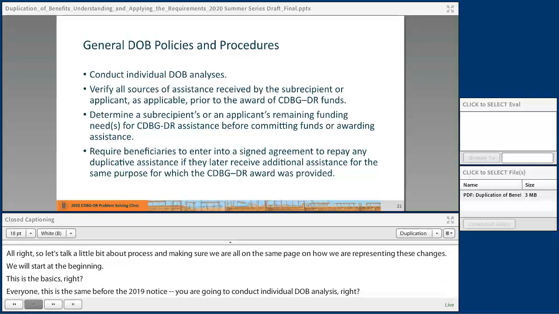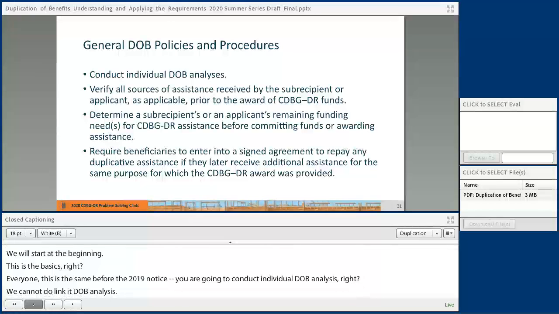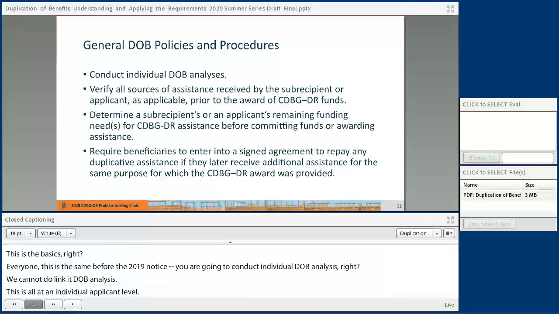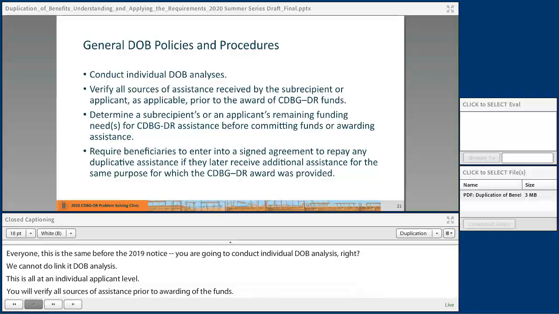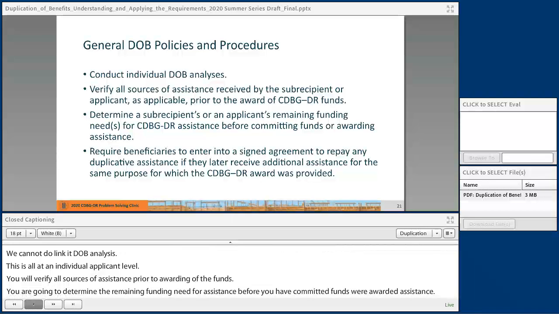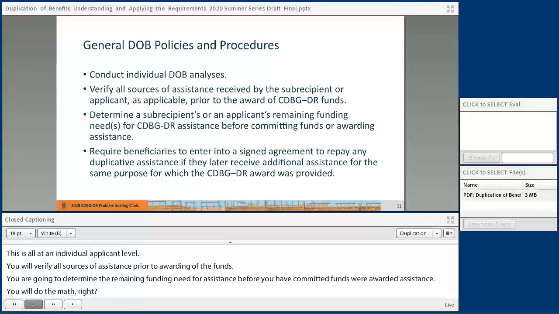You're going to verify all sources of assistance prior to the awarding of the funds. You're going to determine the remaining funding need for DR assistance before you have committed funds or awarded assistance. So you're going to do the math, right? And Carrie has some great examples, some really complicated, complex examples that she's going to walk through that I think are really going to help some light bulbs go off on this process.